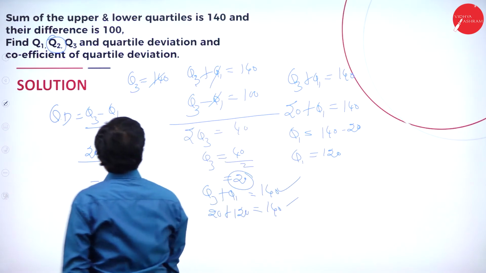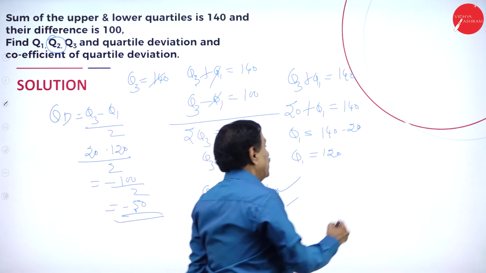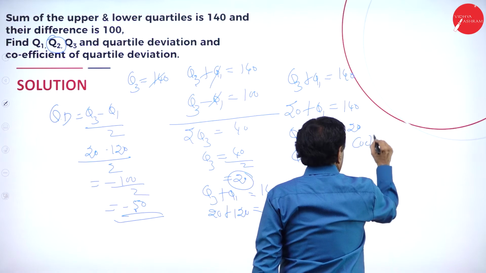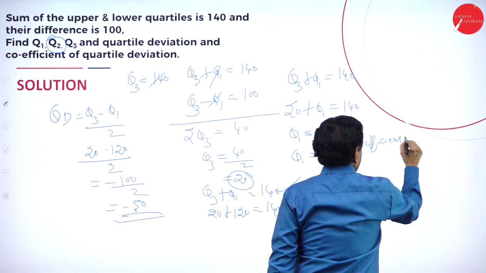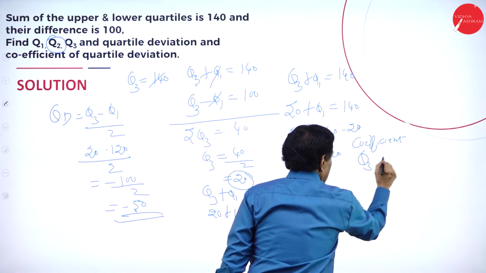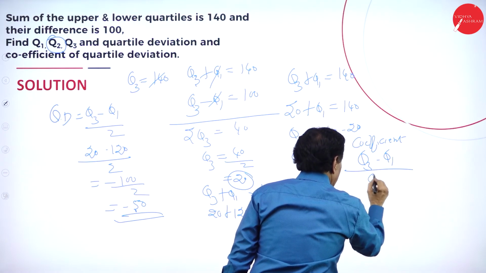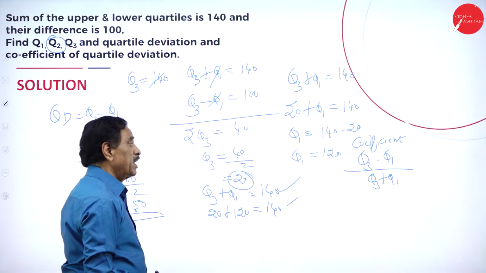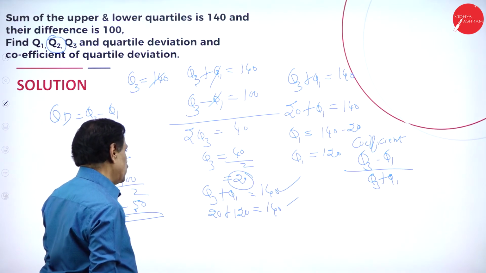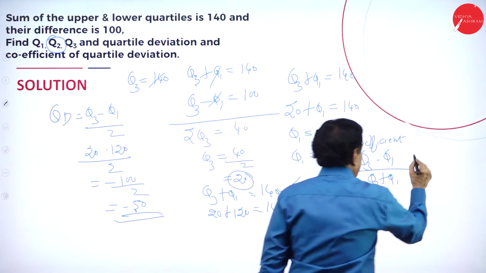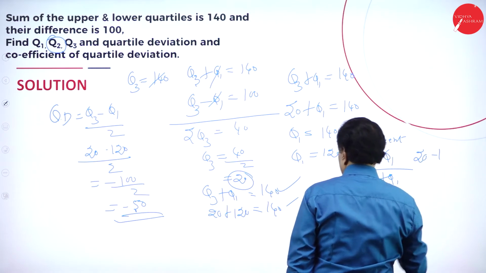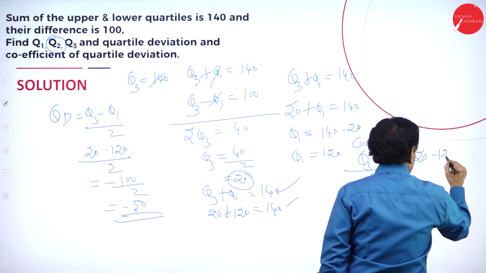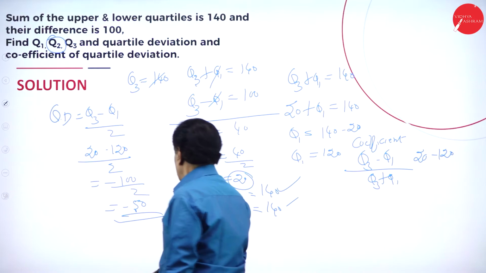And the coefficient they also ask. What's the formula? Q3 minus Q1 divided by Q3 plus Q1. What is Q3? 20 minus 120, that is minus 100.